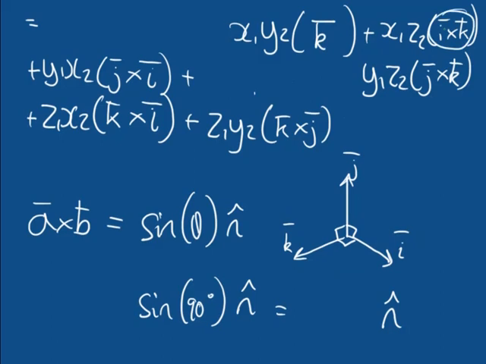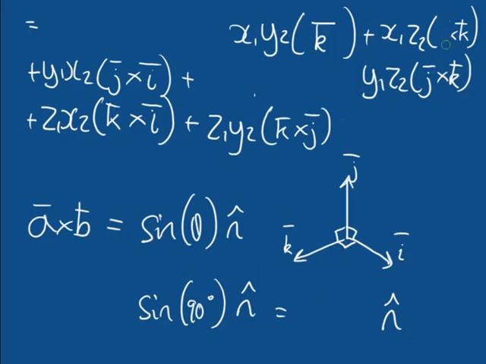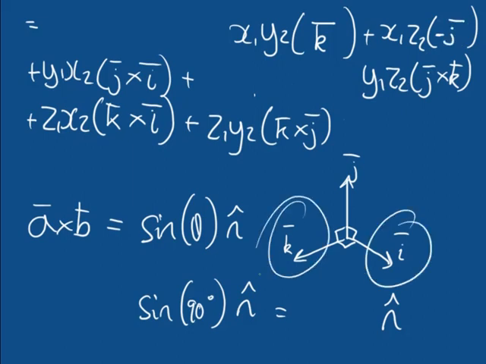So i crossed with k. I'm going to assign my thumb to i, my first finger to k. When I do this and align it with the diagram, you'll notice my middle finger is pointing down in the opposite direction. So i crossed with k is equal to negative j, because if I assign my thumb to i, my first finger to k, we're going to get a vector that's pointing down in this direction.